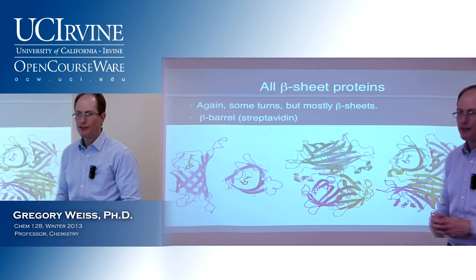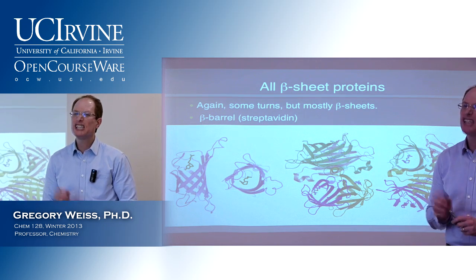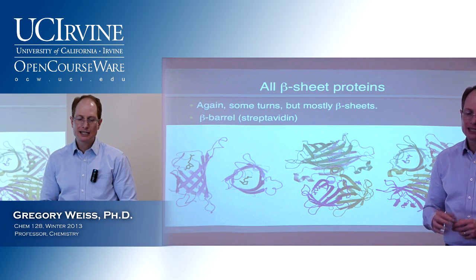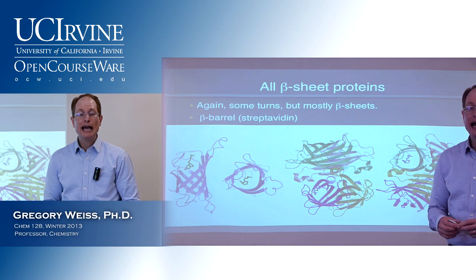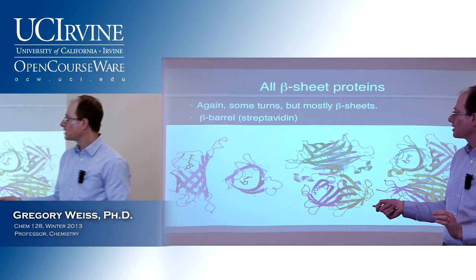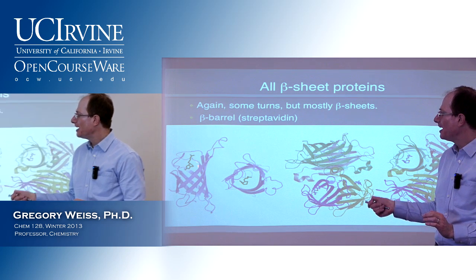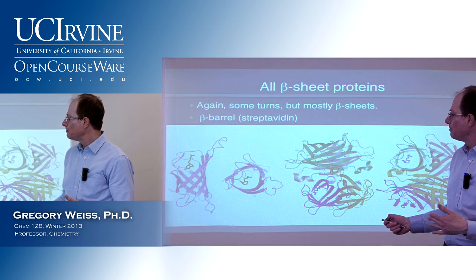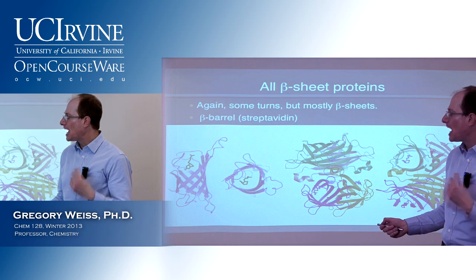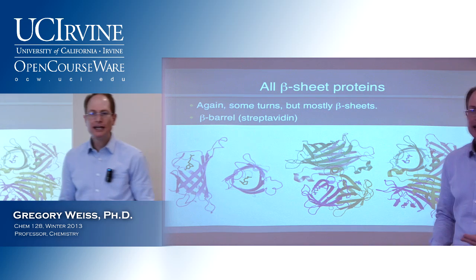So streptavidin evolved to bind biotin with astoundingly high affinity. We'll talk about the exact number in a moment, but it is really extraordinarily high. And it evolved to bind this cofactor called biotin as a way of killing any bacteria that happen to be present. For example, a related protein called avidin is found in egg whites.